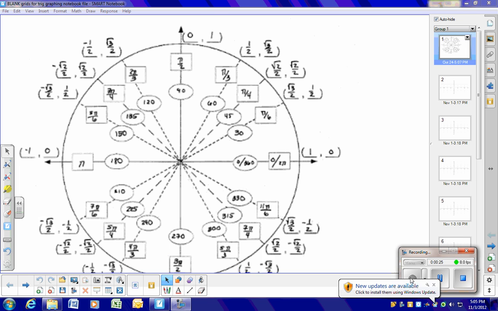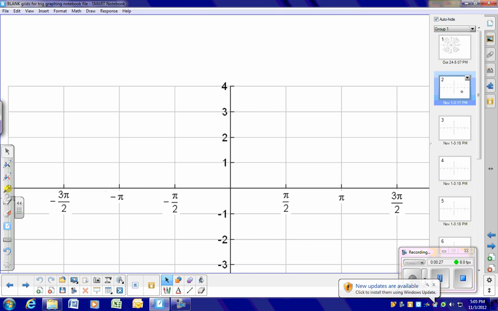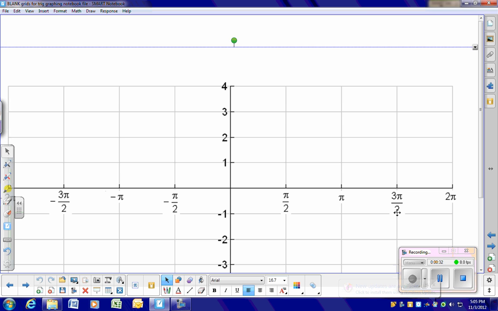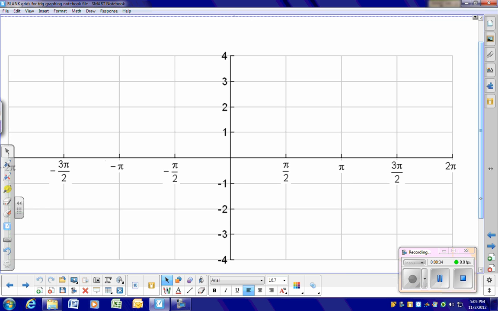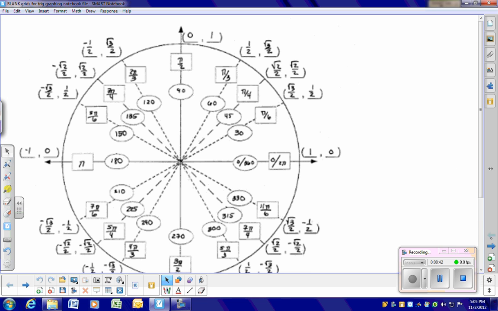Okay, now that we are ready to go, let's take a look at graphing tangent. This is the graph that we would like to fill with the curve that's shaped like tangent. In order to do this, notice that we have some values like pi over 2 and pi and 3 pi over 2. So we go back to our unit circle, and we're going to look at those values and figure out what tangent is at each of them.